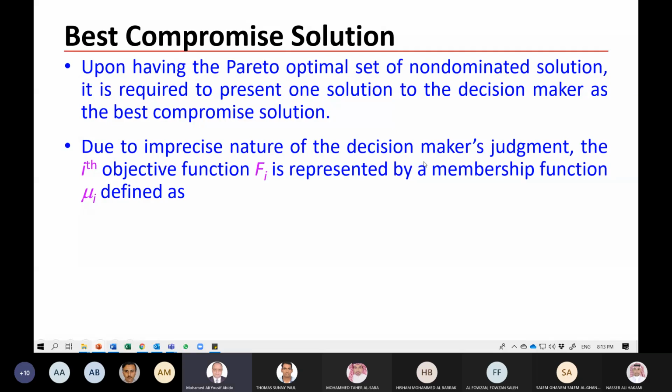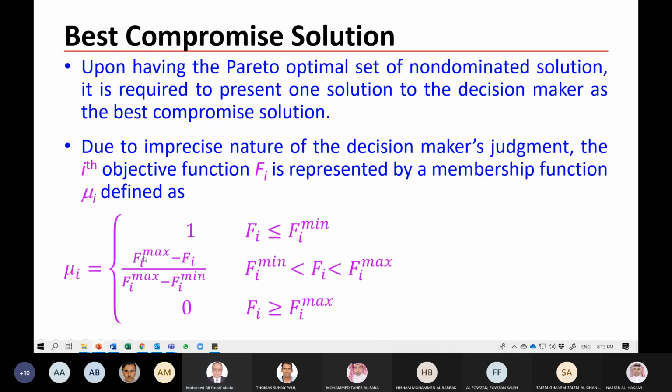Due to the imprecise nature of the decision maker's judgment, the ith objective function, Fi, is represented by a membership function mu i as follows. There is an important difference between the multi-objective optimization techniques that we will discuss now and the traditional methods. After getting the optimal set, you present it to the decision maker to judge and extract whatever solution is preferred.